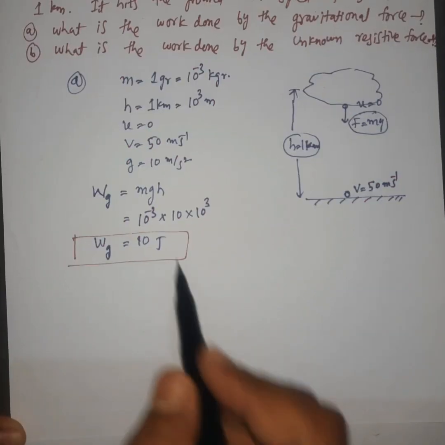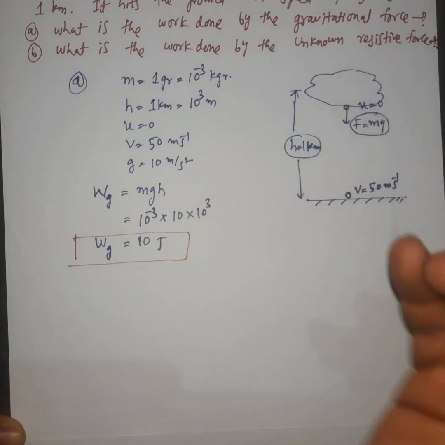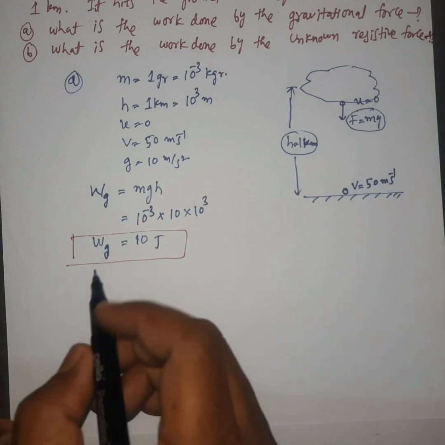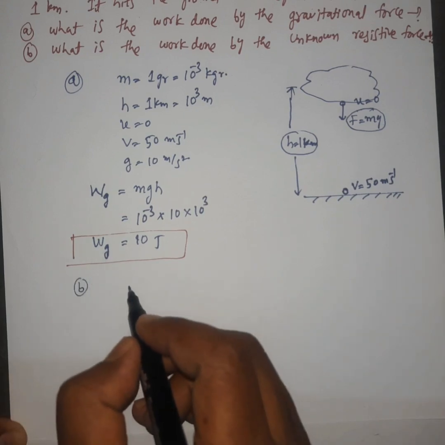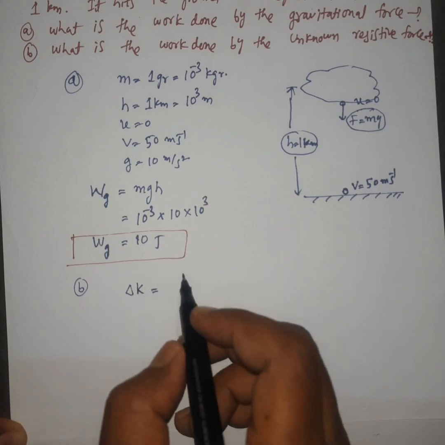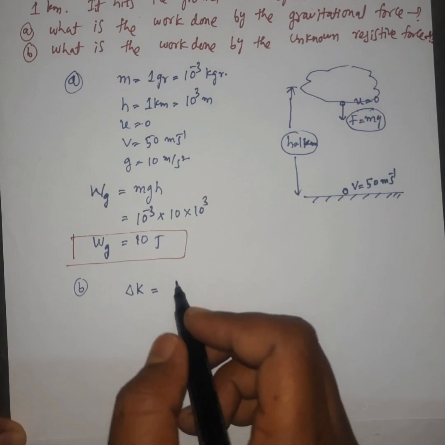Next, what is the work done by the unknown resistive force? Let us take it as WR. We have to find the change in kinetic energy, which is the final kinetic energy minus the initial kinetic energy.